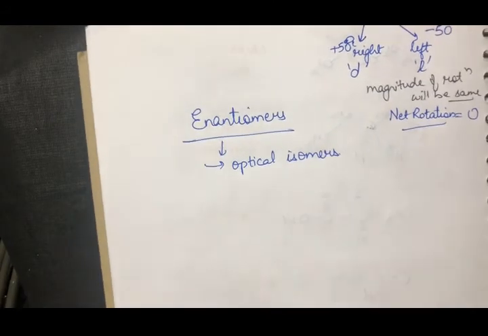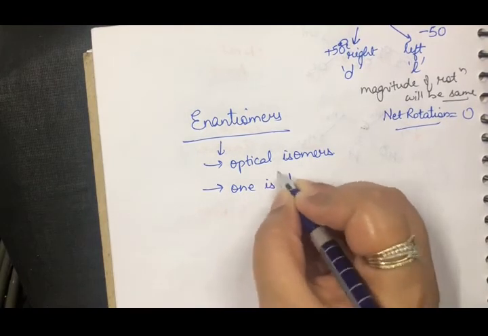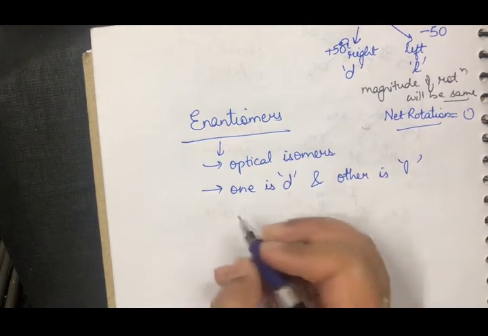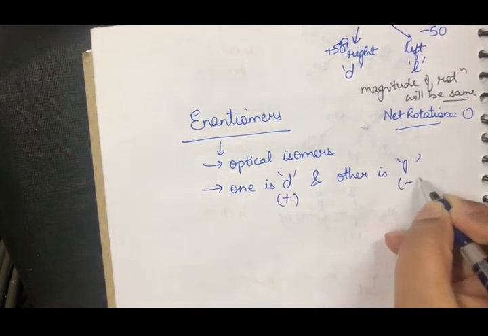So enantiomers are optical isomers. Yes, one is dextrorotatory and the other is levorotatory. Yes, जिसको हम in short कह सकते हैं कि ये positive sign है और ये negative sign है.